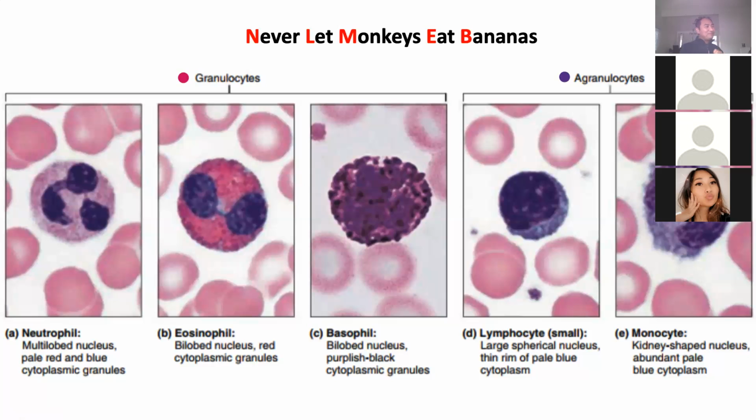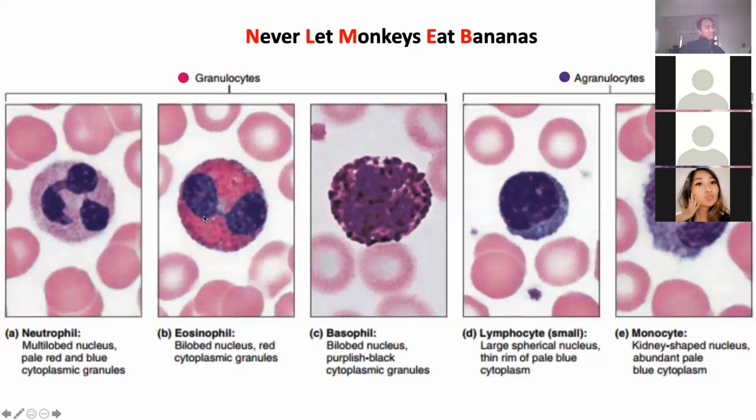Please forgive me if you cannot see, but I have to say there are granules here in the pink or red cytoplasm. This is a granulocyte with a trilobed nucleus. That is the neutrophil, most common, 50 to 70% of the WBC.